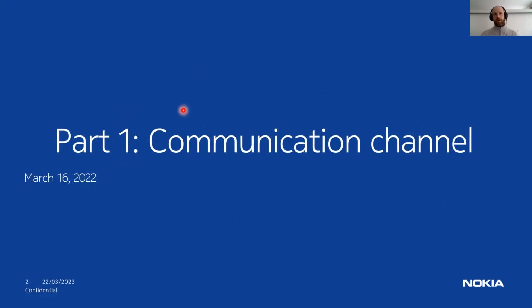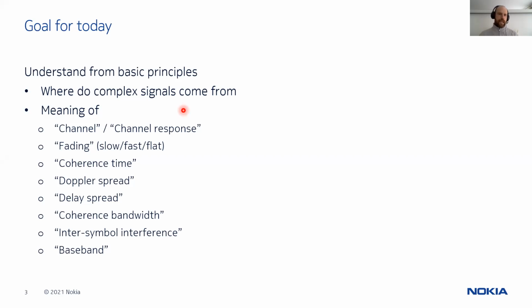And today we're rather discussing techniques to basically fool the channel in some sense, and techniques to actually transmit information through this channel. Last time we only talked about the channel, so whatever happens between the transmitter antenna and the receiver antenna.